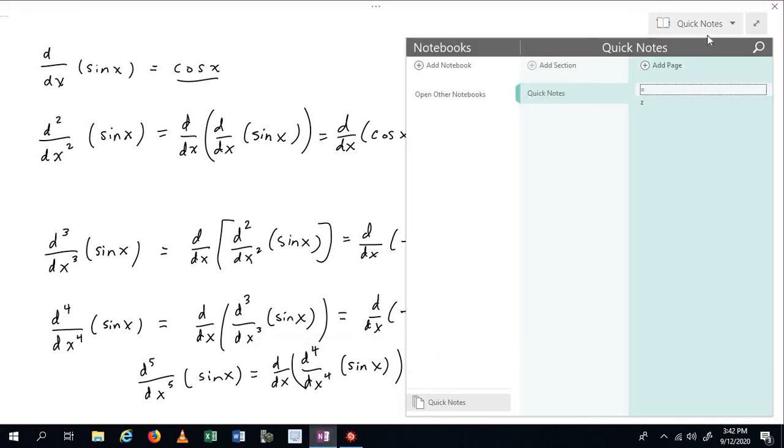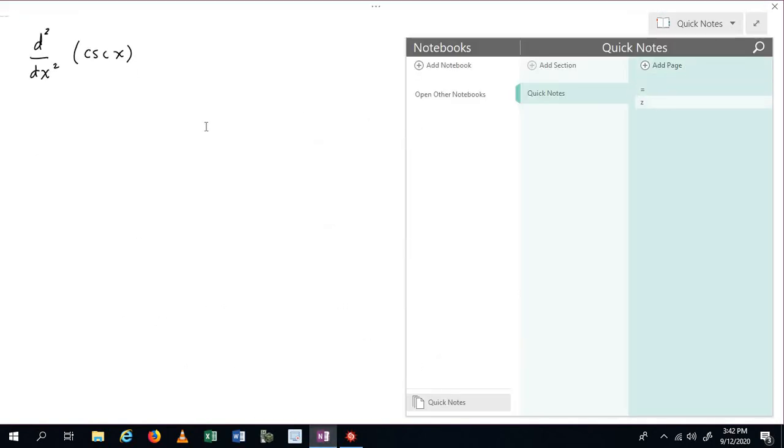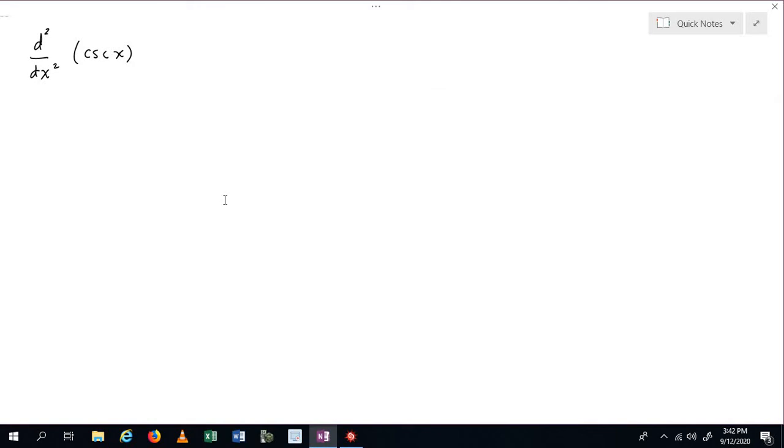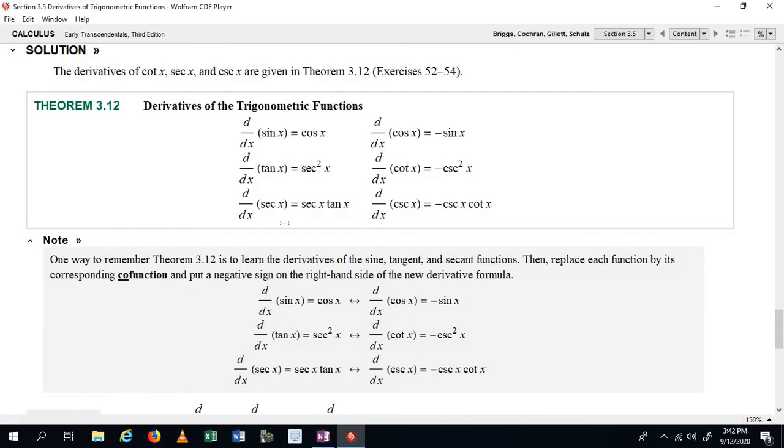Okay, let's look at one more. Let's say you want to find the second derivative of cosecant of x. Now remember, the first derivative of cosecant of x is minus cosecant of x times cotangent of x.